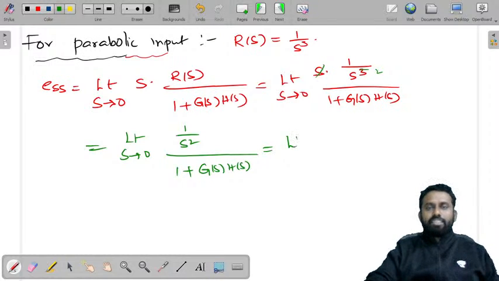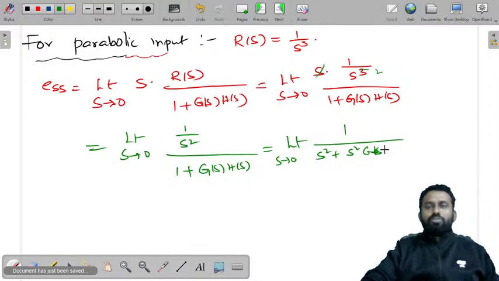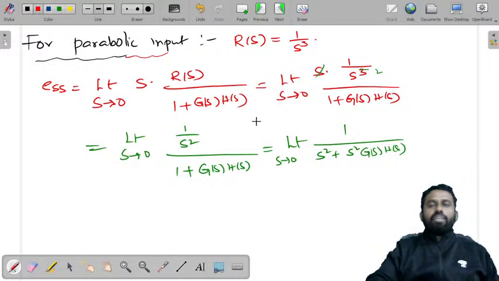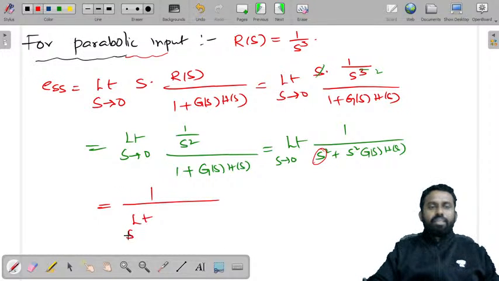You can further write this as limit s tends to 0 of 1 by s square plus s square into g of s into h of s. We can apply s is equal to 0, this will be 0. You can write it directly like this, 1 by limit s tends to 0 of s square into g of s into h of s.